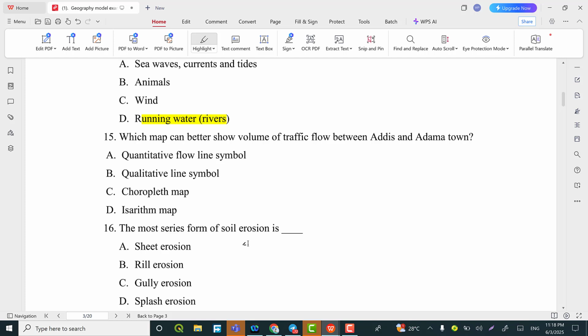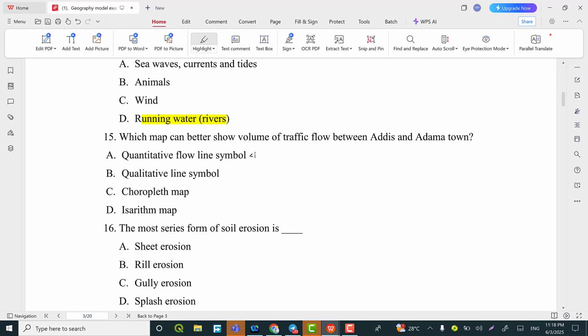Which one of the following is crucial? A, quantitative flow line symbol. B, qualitative line symbol. C, curve map. D, dynamic map.